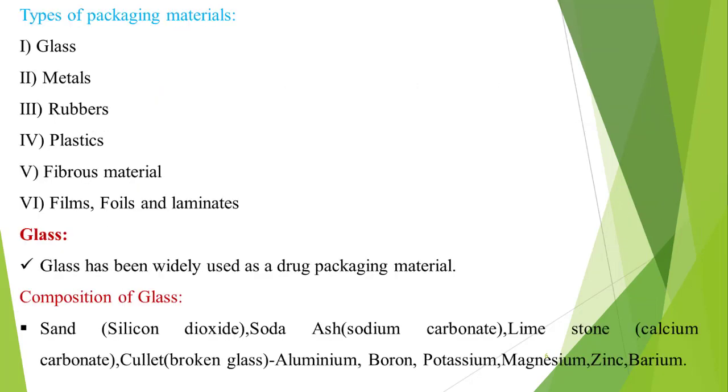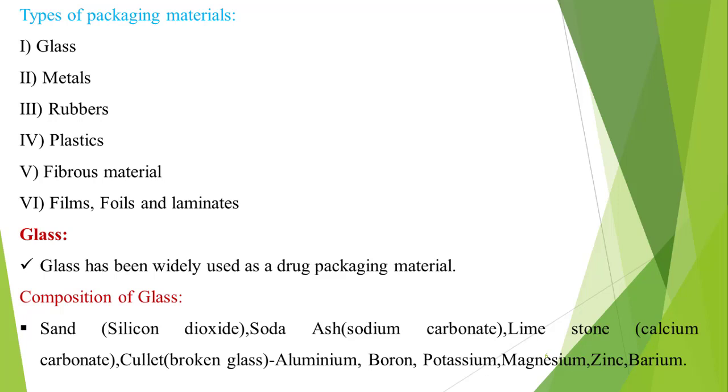Now let's begin with the types of packing materials generally used in pharmaceutical packaging. First one, as everyone knows: glass, metals, rubbers, plastic, fibrous materials, films, foils and laminates. So we'll begin with glass. As you know, glass has been widely used as a drug packaging material.